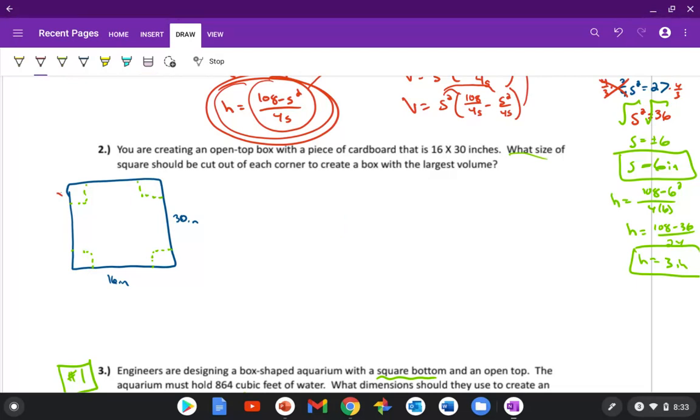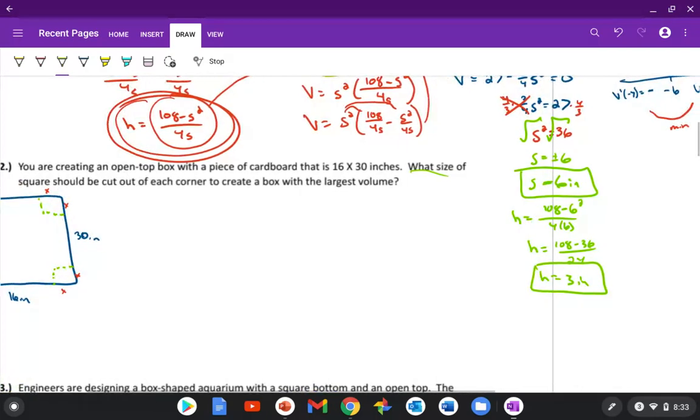The way we're going to label this is we're going to cut out a little x by x square in each of these. So we're going to call this x by x, right? So we have to figure out what size square that should be. So we're going to change a little bit how we label these sides. If overall it's 30 inches, when I cut that square out, I'm left with really just this length here.